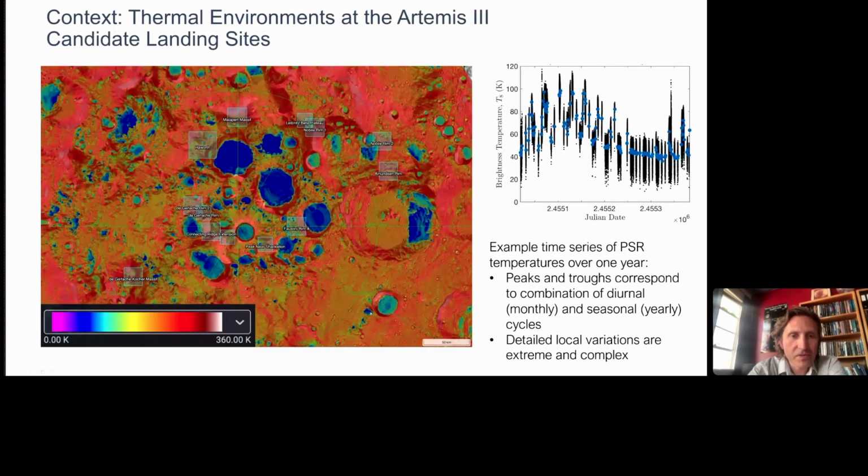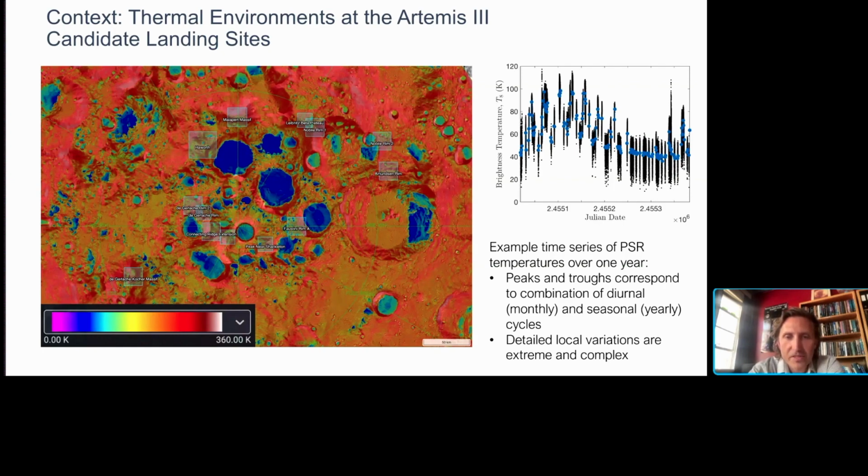In terms of the thermal environments of the candidate landing sites, they're all poleward of about 84 degrees latitude, so all within this micro cold trap region. And I'm just pointing out here that even inside of PSRs, the temperatures oscillate quite dramatically over both the diurnal and seasonal timescales.